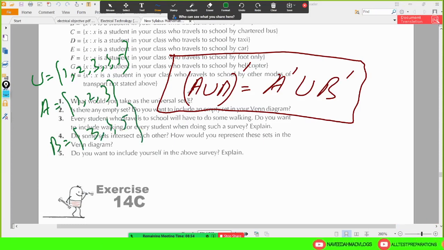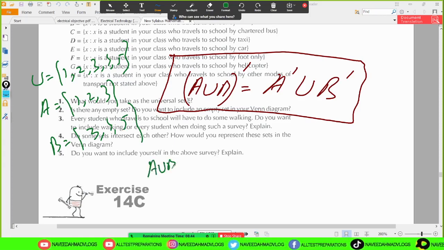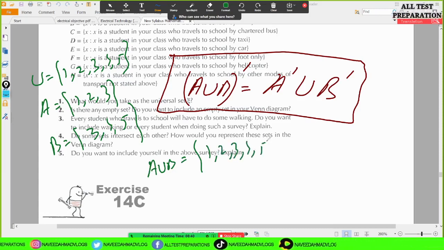Okay, ये आपके sets हैं. Okay, so A union B will be equal to 1 2 3 4 5.